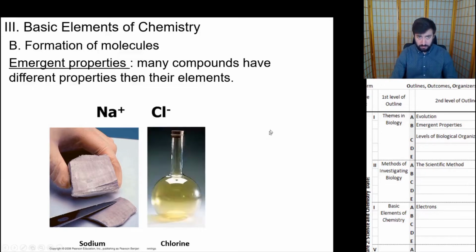Okay. So that's sodium. Now we have chlorine. Chlorine is on the other side of the spectrum here on the periodic table. Its atomic number is 17. So that means it has 7 valence electrons and just needs one more to have a full 8 valence electrons. Well, it sounds kind of like a match made in heaven.